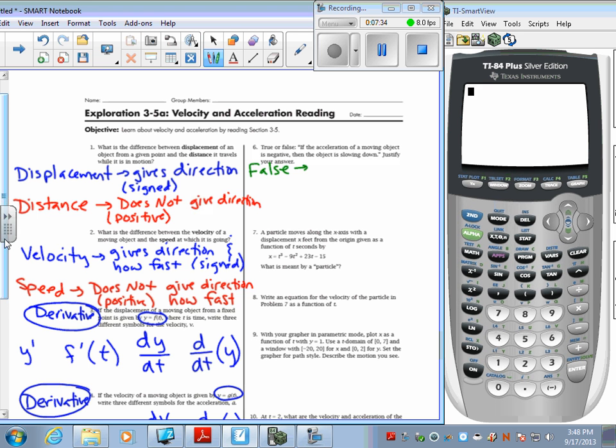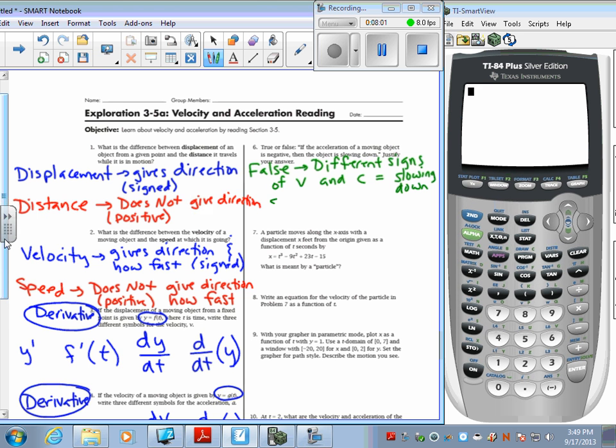And the key is, if my acceleration is negative while my velocity is negative, then the object's actually speeding up. So when I have different signs of velocity and acceleration, that means I'm slowing down. They're working against each other, the acceleration and the velocity.